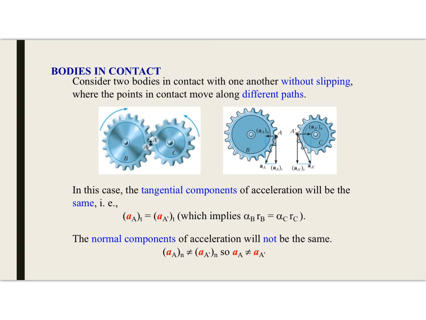That will end up telling us something about the relative rotational accelerations of each gear, also depending on their relative sizes. The one thing, though, that we can't say is the same about both the gears is that they won't necessarily have the same normal components of acceleration. Those don't have to be the same.